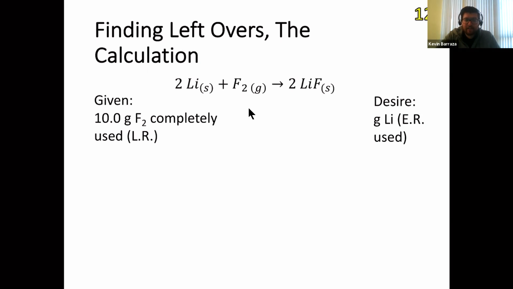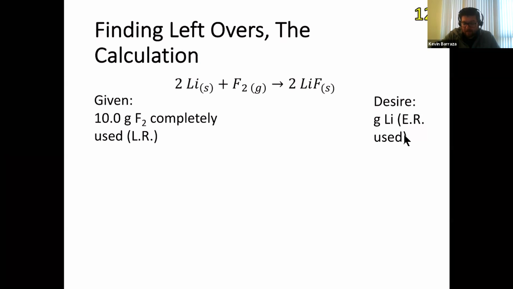Now, once we've identified the LR, we're going to use the LR one more time to calculate how much ER is used. So to use the abbreviations because it's kind of simpler. Again, it's going from a quantity of one thing in the recipe to a quantity of the other. So what kind of question is this? It's stoichiometry.